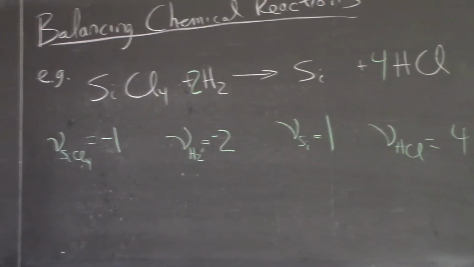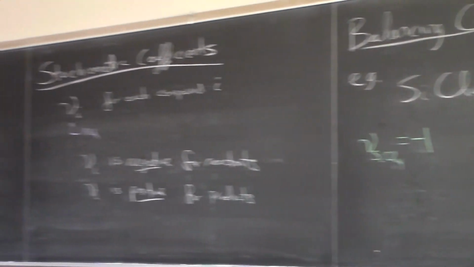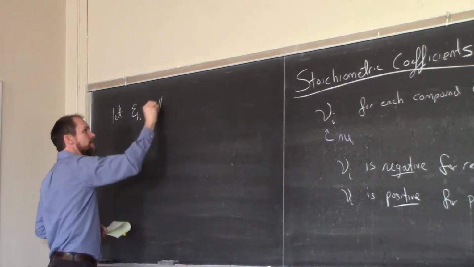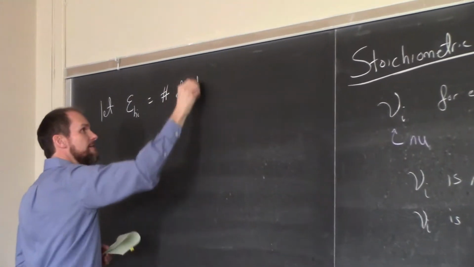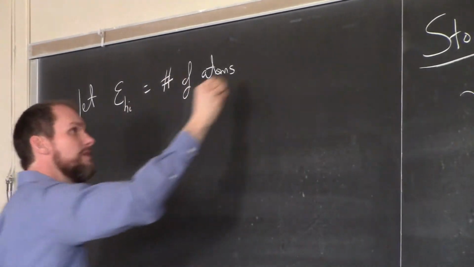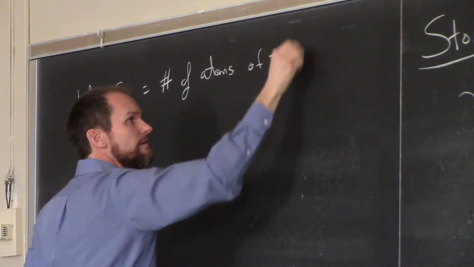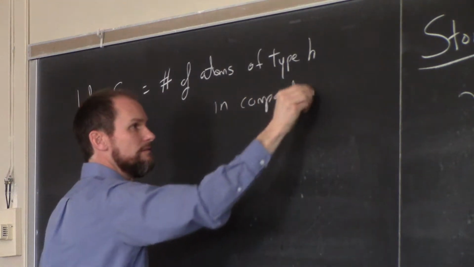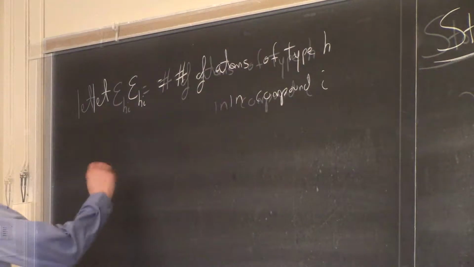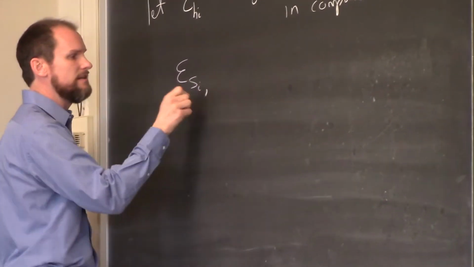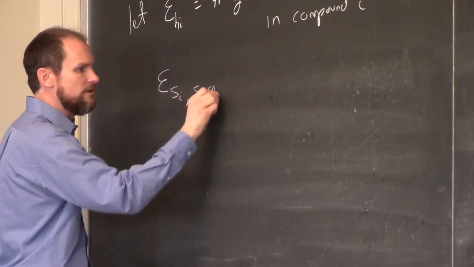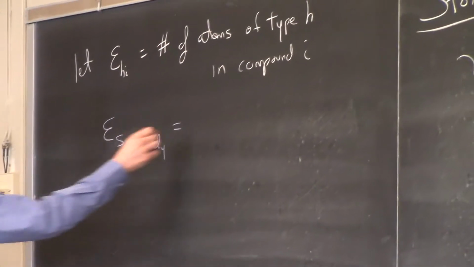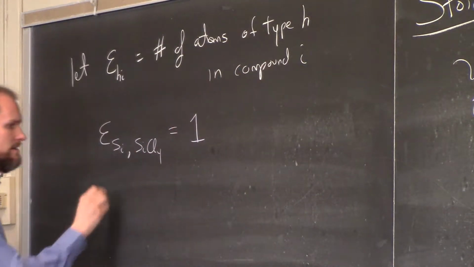Then we're also going to let epsilon sub Hi equal the number of atoms of type H in compound i. So epsilon for silicon in silicon tetrachloride: how many atoms of silicon in silicon tetrachloride? 1.